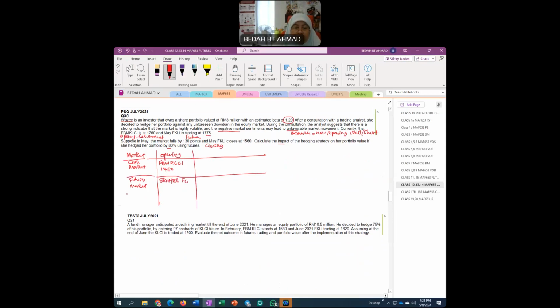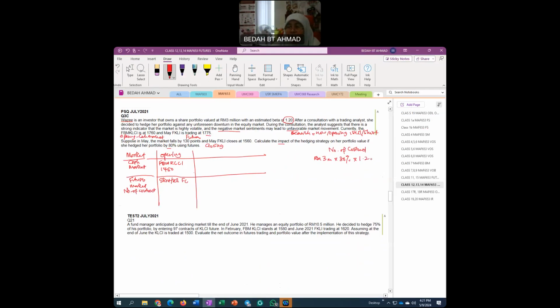So that means we need to calculate the number of contracts. The number of contracts depends on the amount hedged. The amount hedged is only 80% of the 3 million. So RM 3 million multiplied by 80% multiplied by the beta.